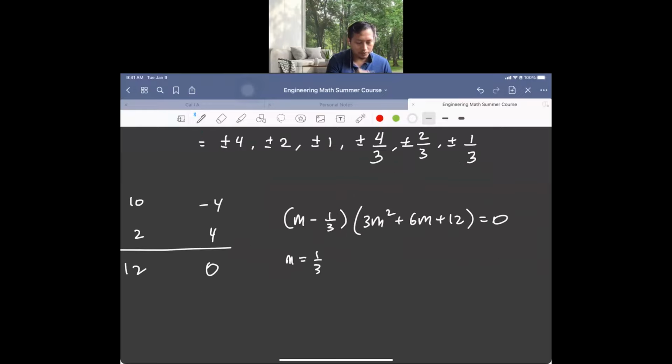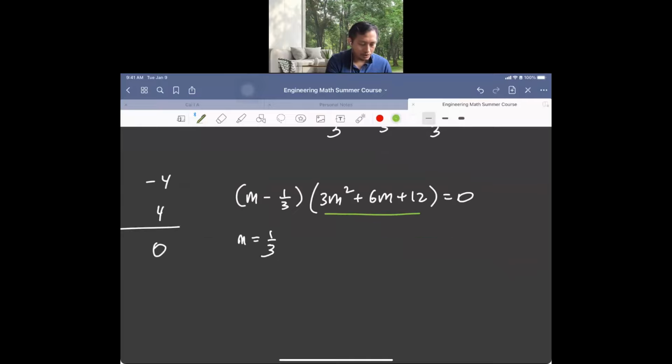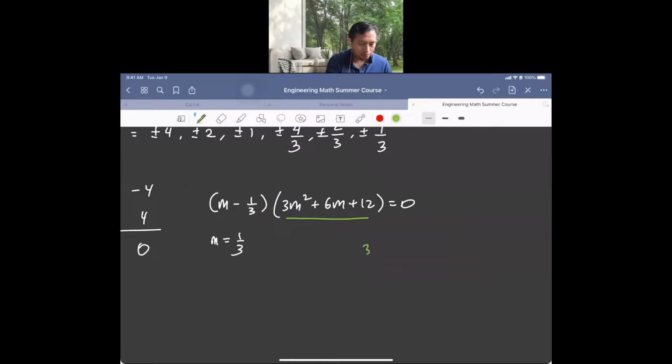So we have one root that is real, and we don't know what kind of root we have here. So we need to check. So 3m squared plus 6m plus 12 equals 0. So we could write, okay, it's another m plus 2 squared equals 0.